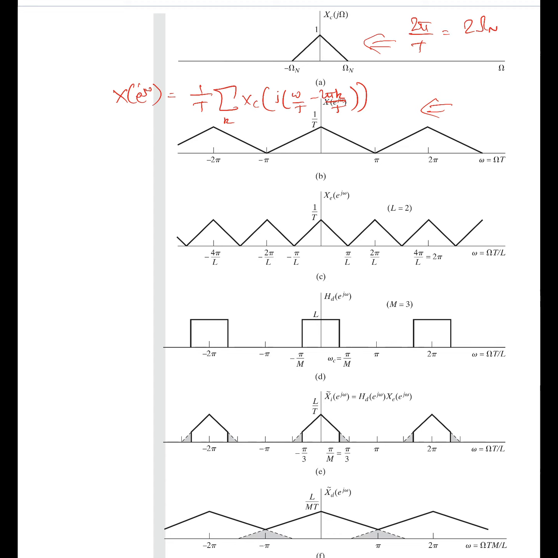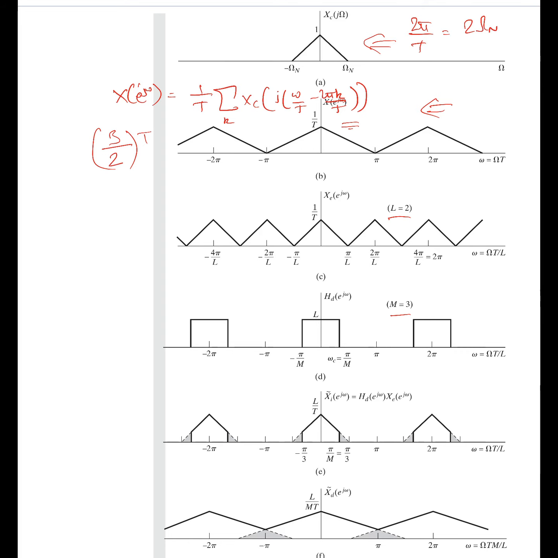So an effective approach to changing the sampling period by 3 by 2, let's say if we want to change the sampling period of the signal by 3 by 2 of capital T, is that first we interpolate by a factor L equal to 2, and then decimate by a factor M equal to 3, because we have L in the denominator and M in the numerator.